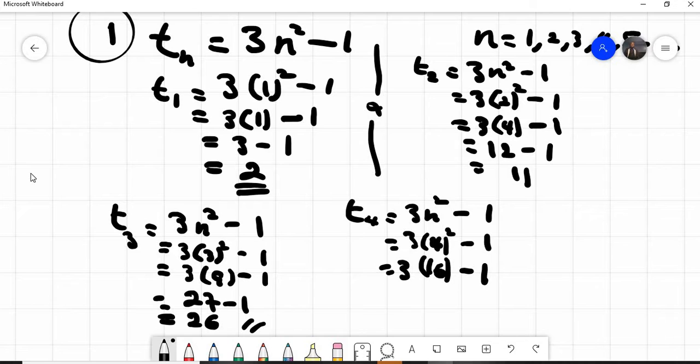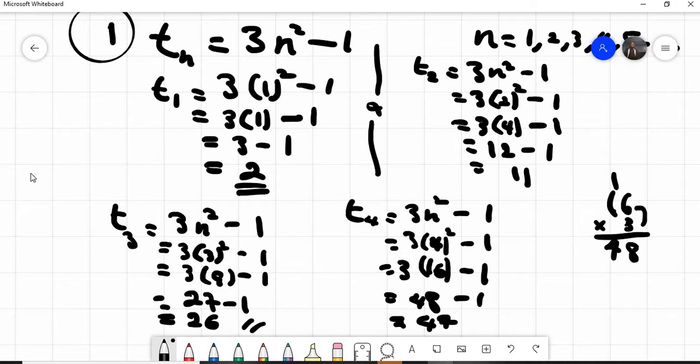Then 3 times 6 is 18, 8 we carry 1, and 3 times 1 is 3, plus 1 is 4, so 48. If you are in doubt, we can do it like that. So 48 minus 1 is 47. Yeah, so we have 2, 11, 26, 47.